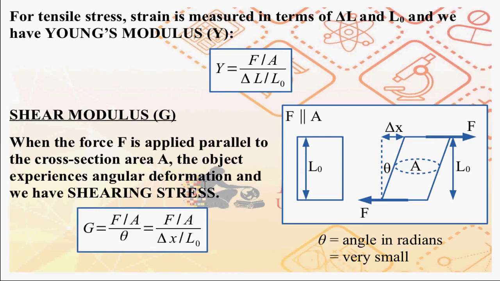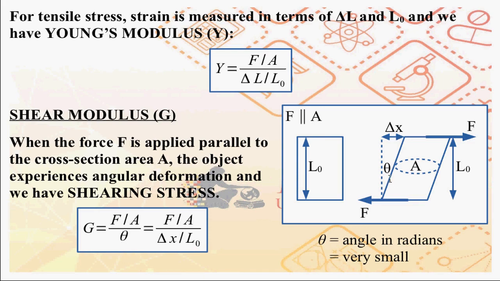For angle theta measured in radians, for a very small angle theta, the shear modulus G is just equal to stress over strain, F over A, stress, wherein F is parallel to area A, cross-section area A. And strain is measured in terms of angle theta.